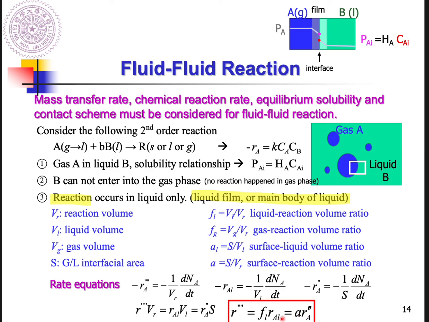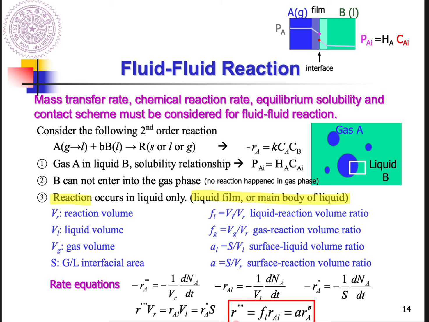As long as you know RAL, the consumption rate of reactant A per liquid volume, you can simply multiply by fL and you get R four prong. If you have the flux RA double prong per interfacial area, you can simply multiply by a, and you get R four prong.